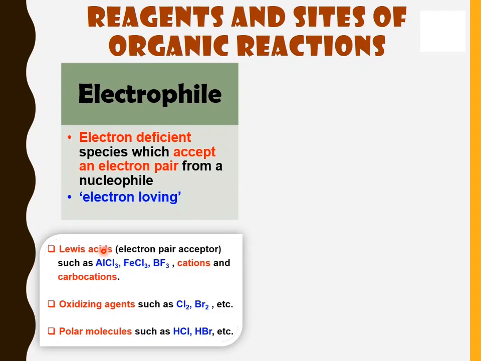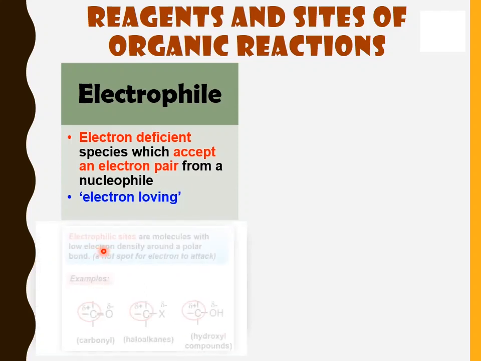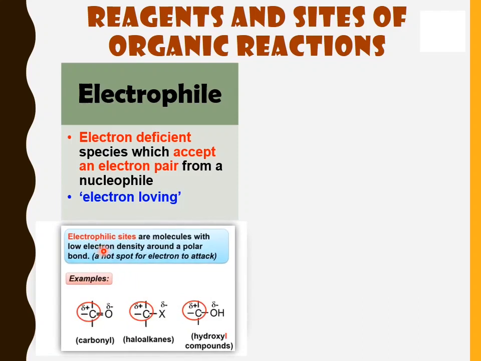Sometimes, class, functional group also creates reactive site. Electron-rich site reacts with electron-poor site. So, that's why, class, we must first locate the functional group and the resulting electron-poor site and electron-rich site. For example, like this. This is electrophilic site, a molecule with low electron density around a polar bond.